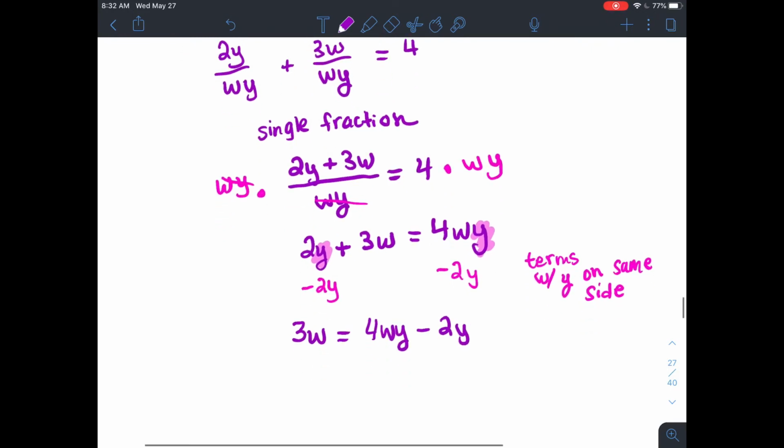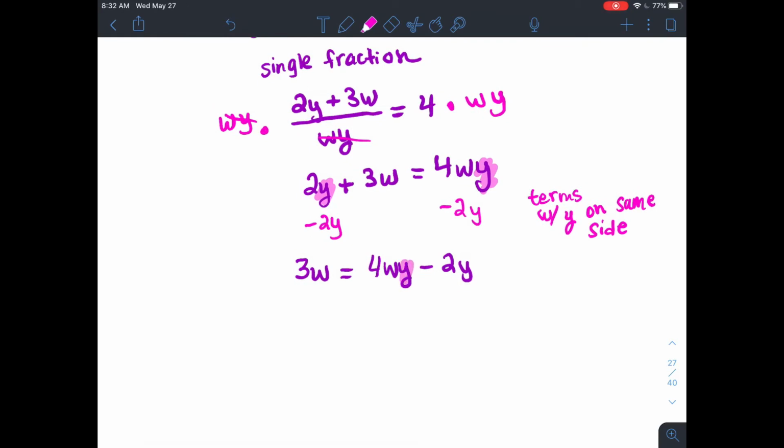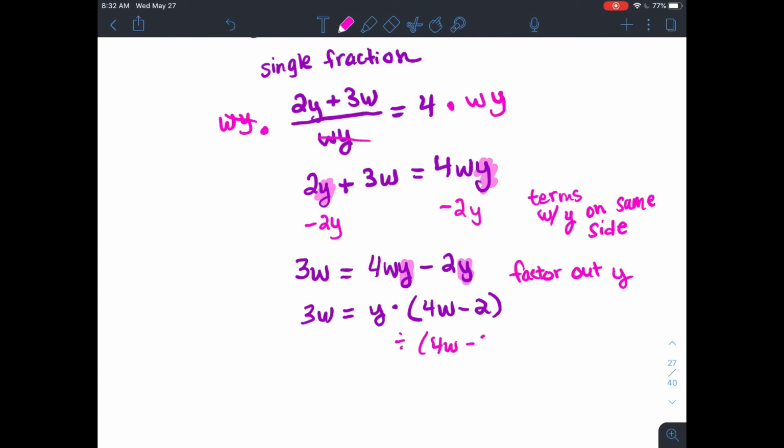And then y is still in both of those terms, so we're going to factor it out. Undistribute, think backwards here. So if you do factor that out, you're going to have 3w equals your y on the outside times 4w minus 2, so it still equals what you had a second ago. And then to get your y by itself, you could divide by 4w minus 2.